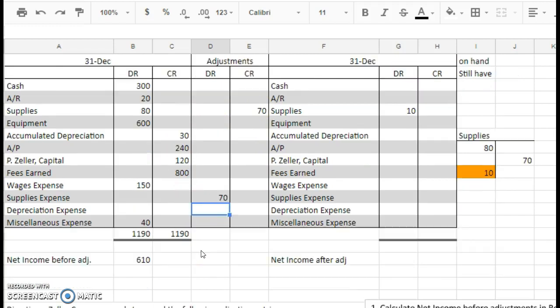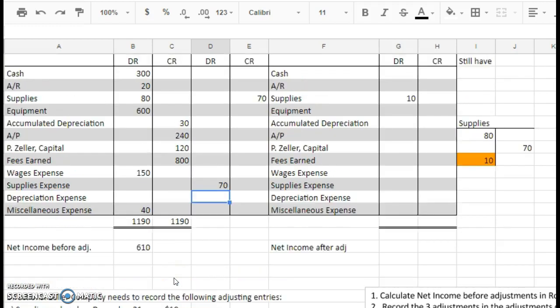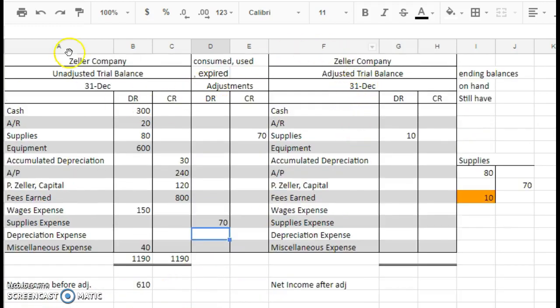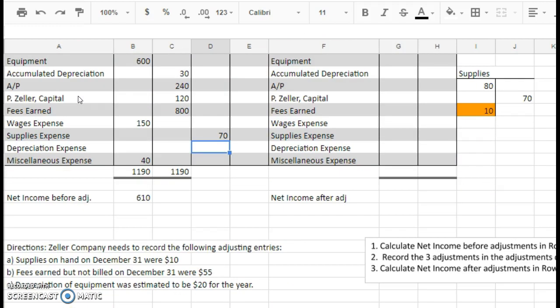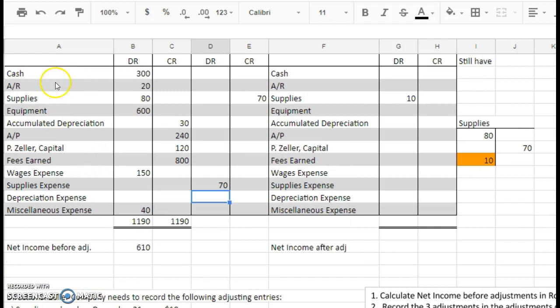The next one says fees earned but not billed on December 31st. So on December 31st, you were working on a job and we haven't billed it out yet. But we earned it, so fees earned but not billed out yet means that one of our customers owes us money. So this is something that we've accrued, but we haven't put on the books yet.